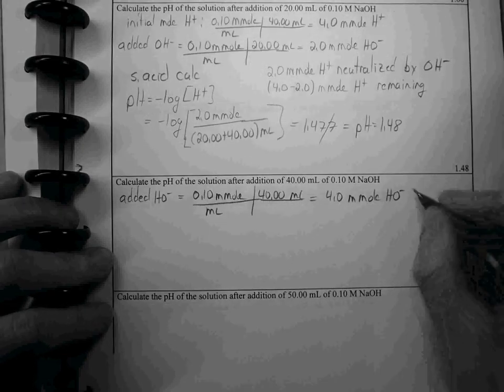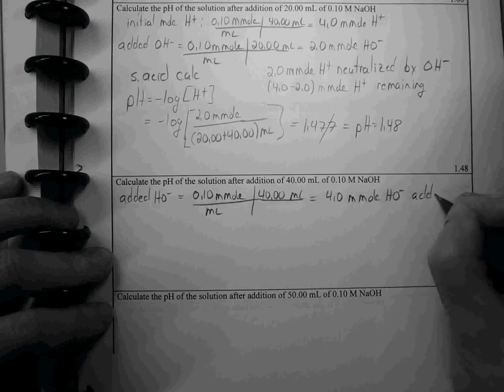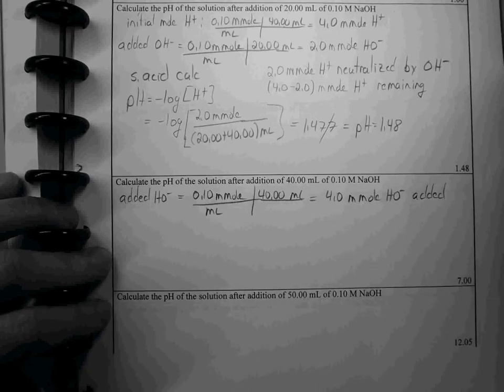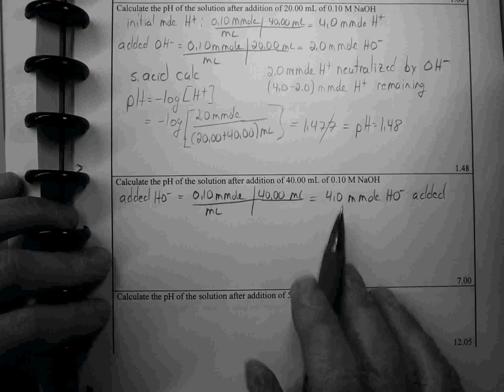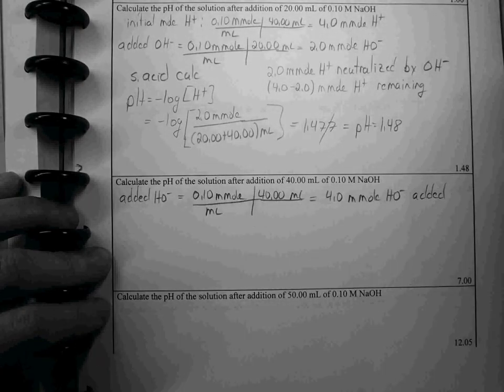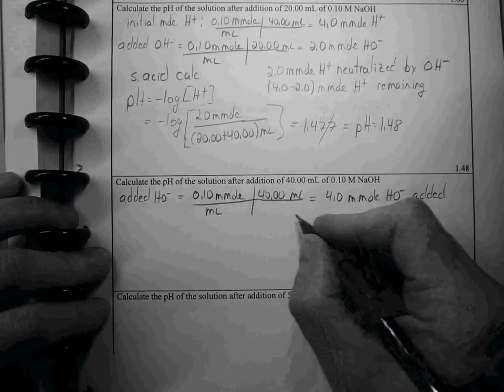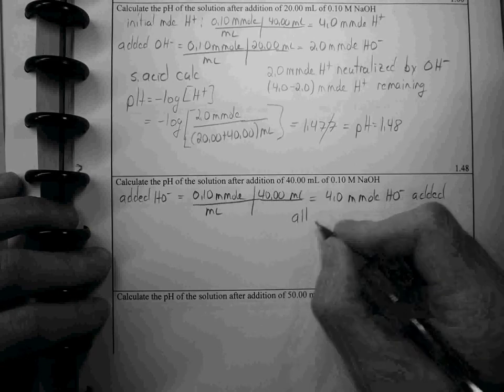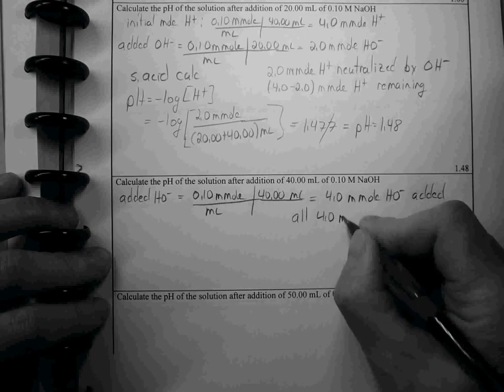And now we have 4.0 millimoles of hydroxide added. So now all of our initial 4 millimoles of H plus have been neutralized.